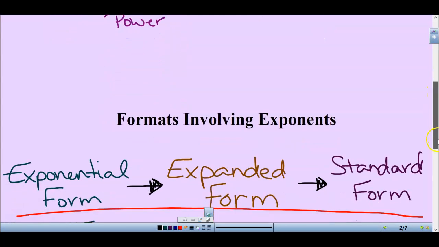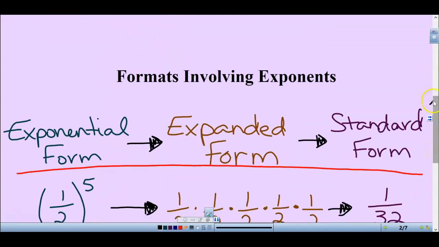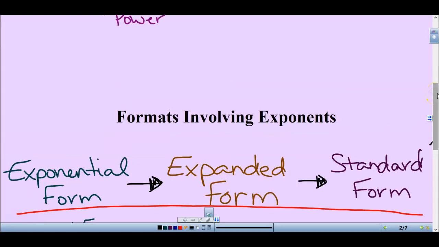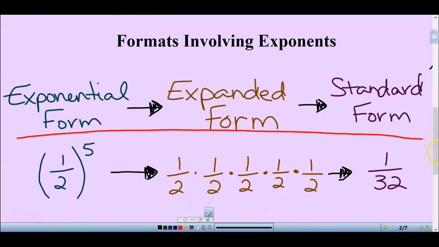In addition to that, we also need to understand the different types of formats that involve exponents. We have what's called the exponential form, expanded form, and standard form. And very uniquely named, the exponential form is that form in which we use that exponent.